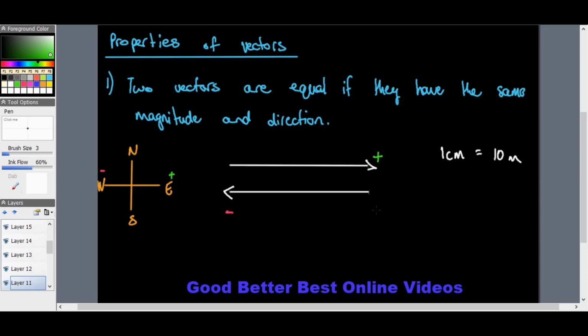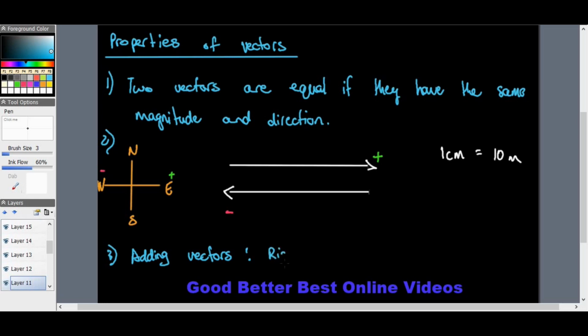Okay. How do we add vectors? This is the second property also mentioned here. Now, we can add vectors by adding them in a straight line using sign conventions. The right would be positive.